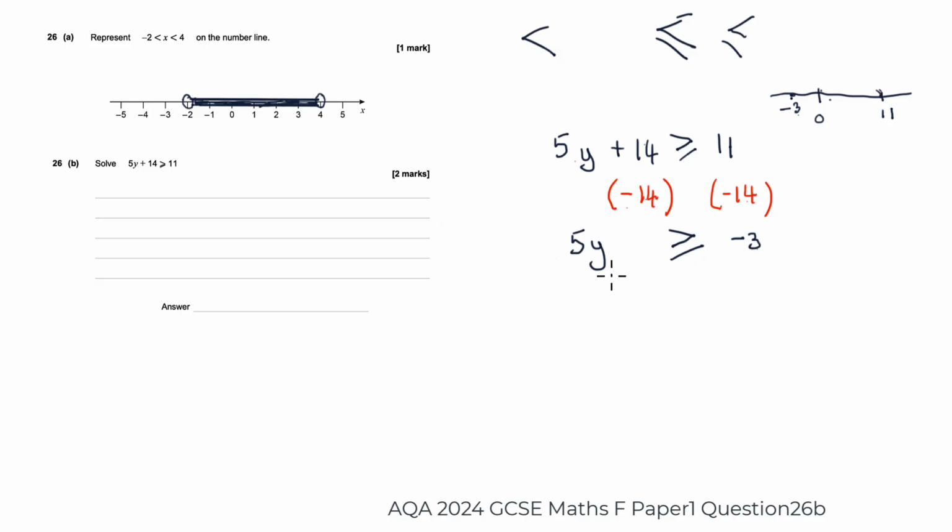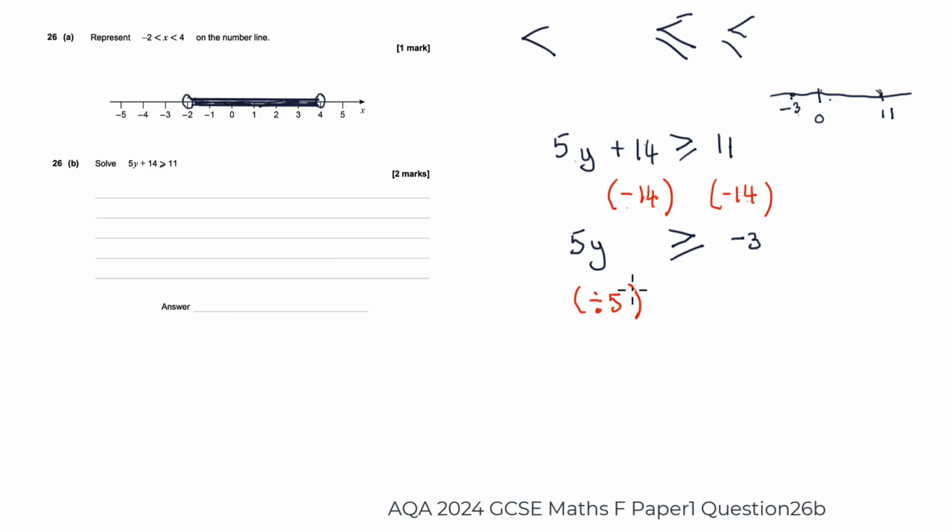So what's next? Well, solving an inequality like this, we're wanting 1y, we don't want 5 times y. So again, let's do the same to both sides. What's the opposite of multiplying by 5? Well, that's dividing by 5. So if we divide 5y by 5, we'll get 1y.